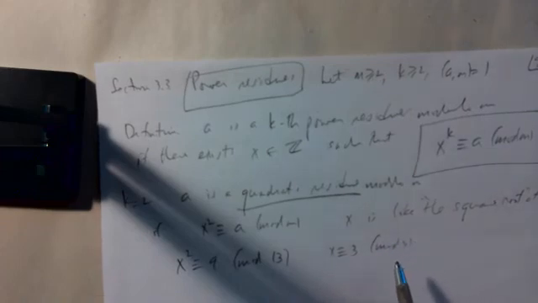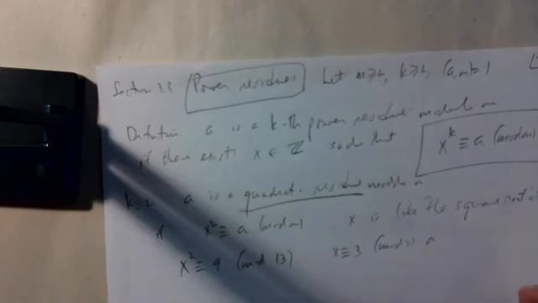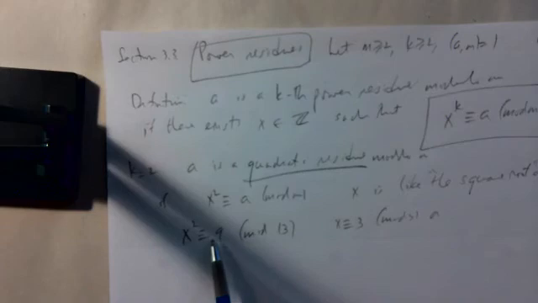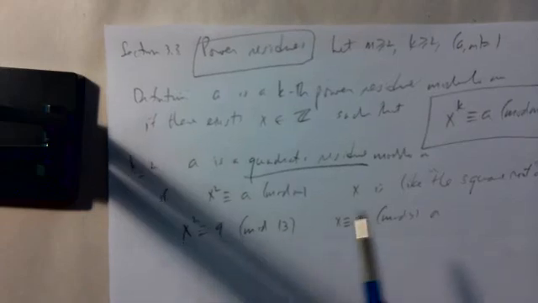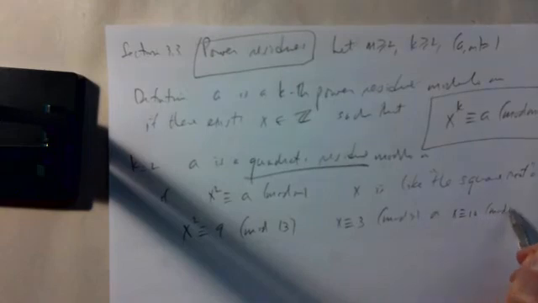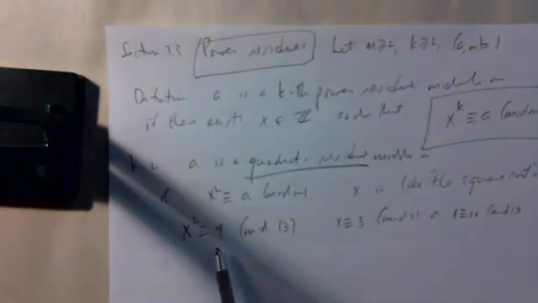Another solution is 10. 10 squared is 100. 100 minus 9 is 91. 91 is divisible by 13. So this is sort of saying that mod 13, the number 9 has 2 square roots, 3 and 10.